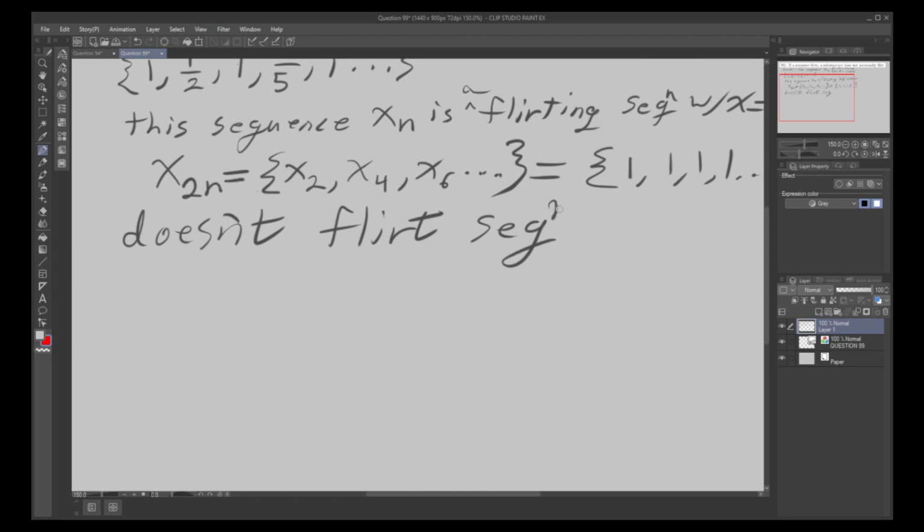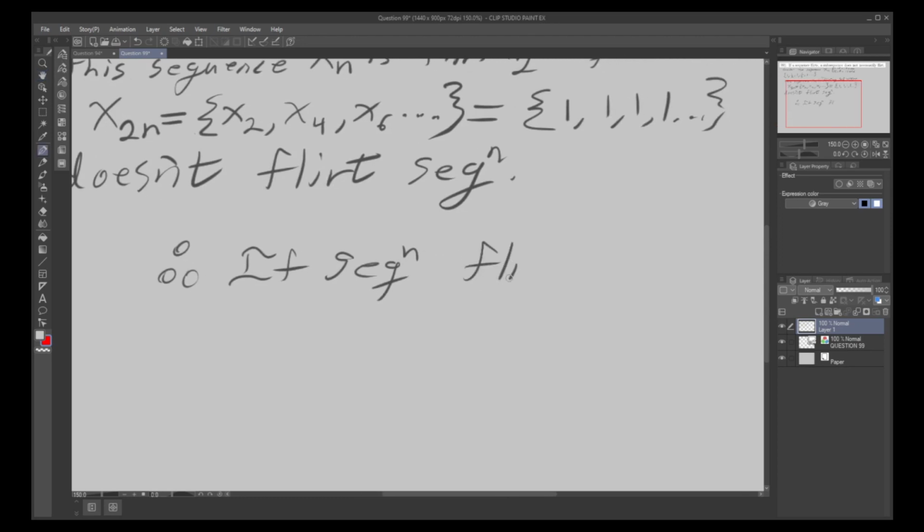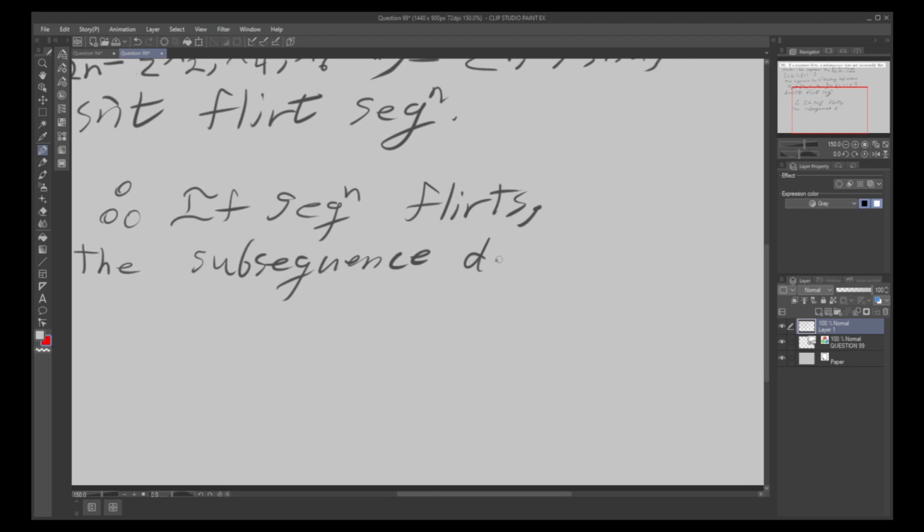Therefore, we could say that if the sequence x of n flirts, as noted with the first example, the subsequence, in this case x sub 2n, doesn't necessarily flirt.